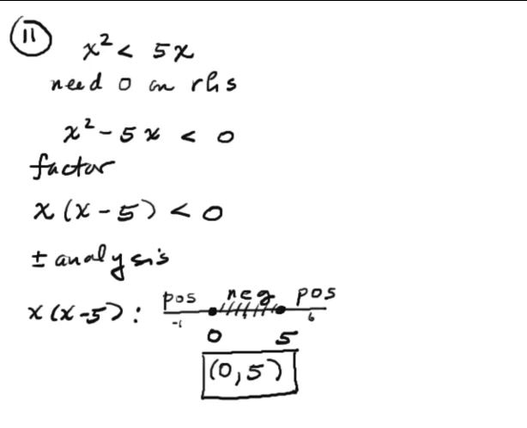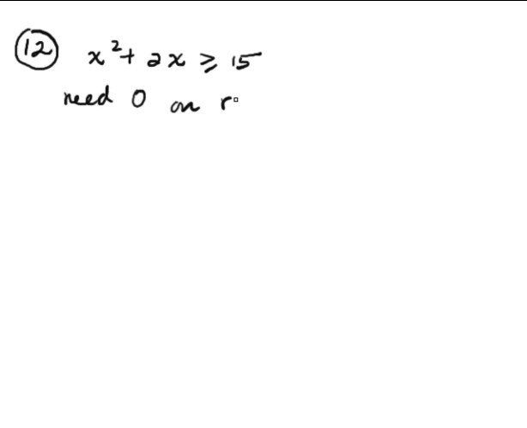All right, so let's look at number 12, which is similar. In number 12, we want to solve this inequality, x squared plus 2x greater than or equal to 15. So again, we need 0 on the right-hand side for our basic strategy. So let's subtract 15 from both sides.